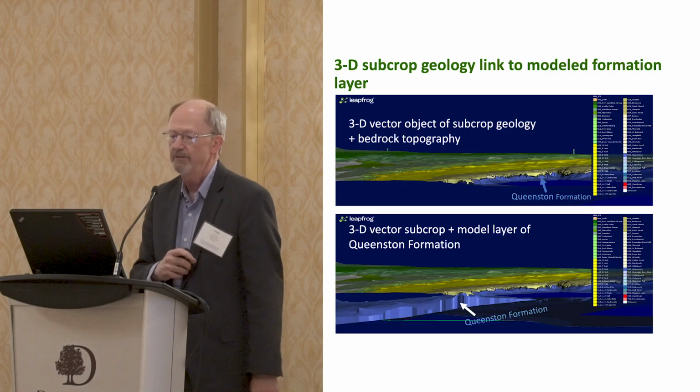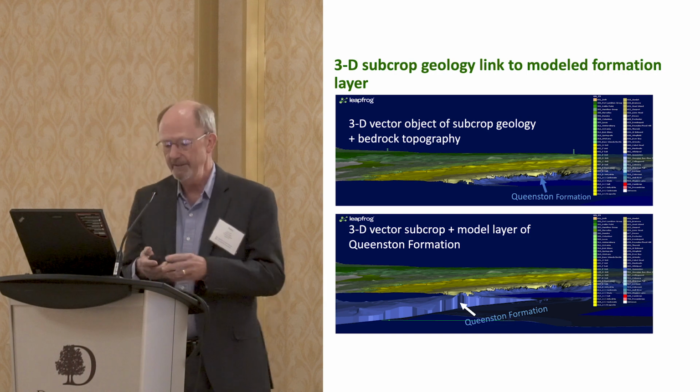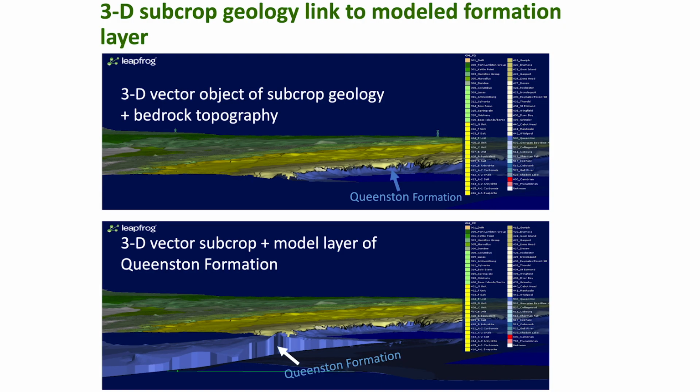So in this figure, this is the bedrock geology, the names of the formations draped on the bedrock topography. And so this is a 3D vector object. I've keyed out the Queenston Formation here. So on this slide down below, we've added the modeled Queenston Formation from the borehole data.